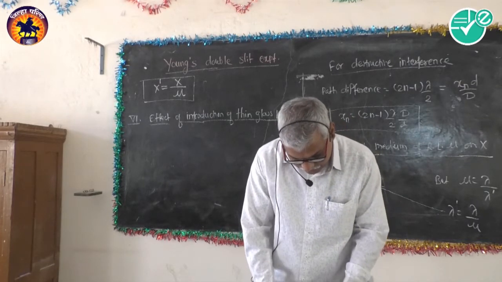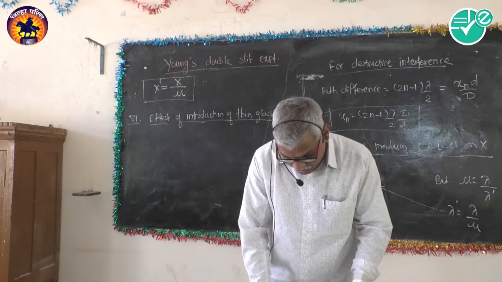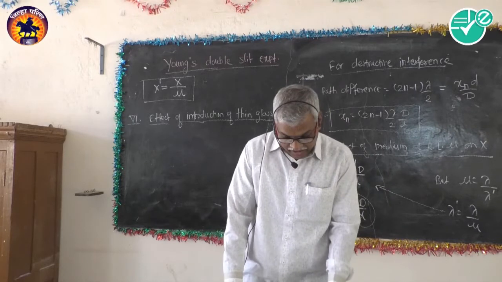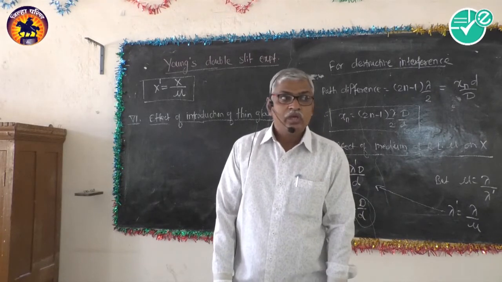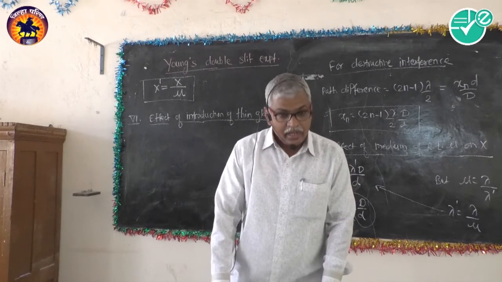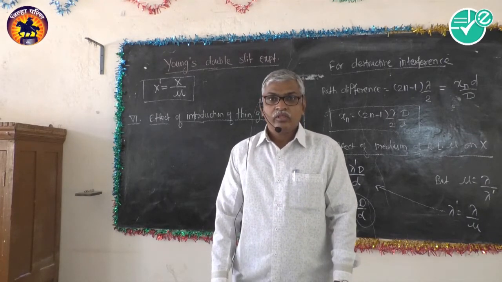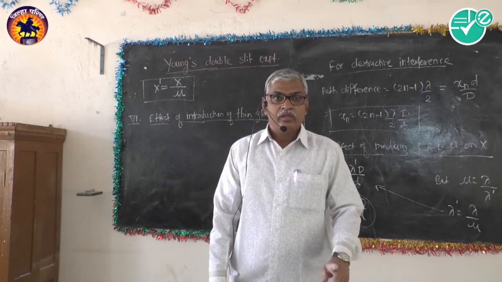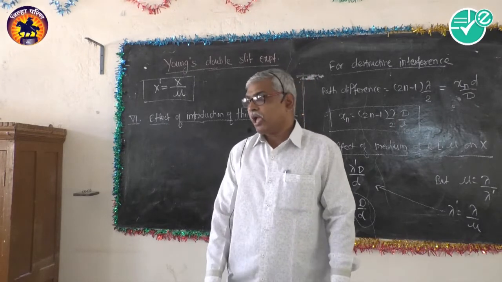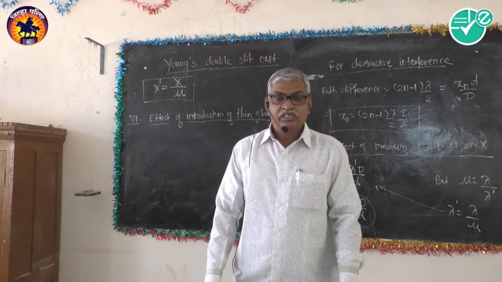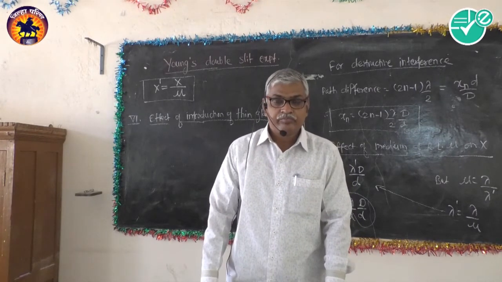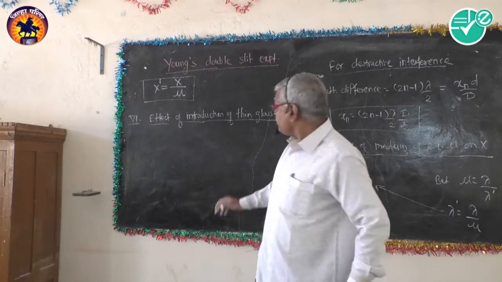This shows that when a thin transparent plate of thickness t and refractive index μ is placed in one of the paths of interfering waves, then always remember that, number one, fringe width remains unaffected and the fringe pattern shifts towards the side of the thin glass plate. In this case, the fringe shift.